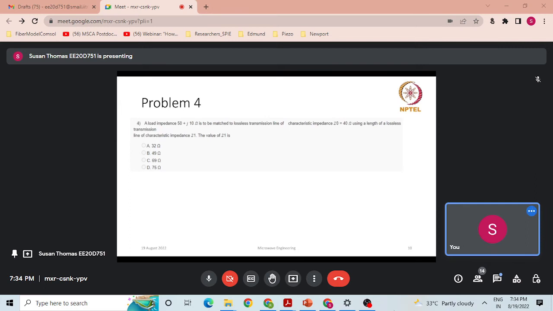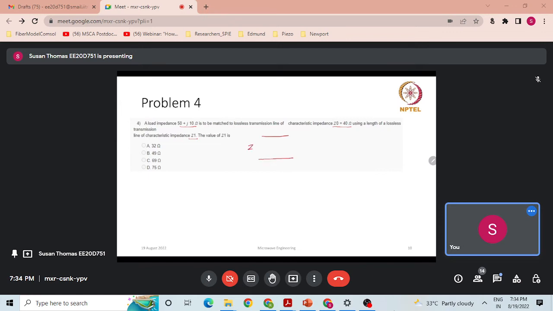So here a load impedance of 50 plus j10 is to be matched to a transmission line of characteristic impedance Z0 equal to 40 ohm using a length of a lossless transmission line of characteristic impedance Z1, value of Z1 is. So you have something like this.